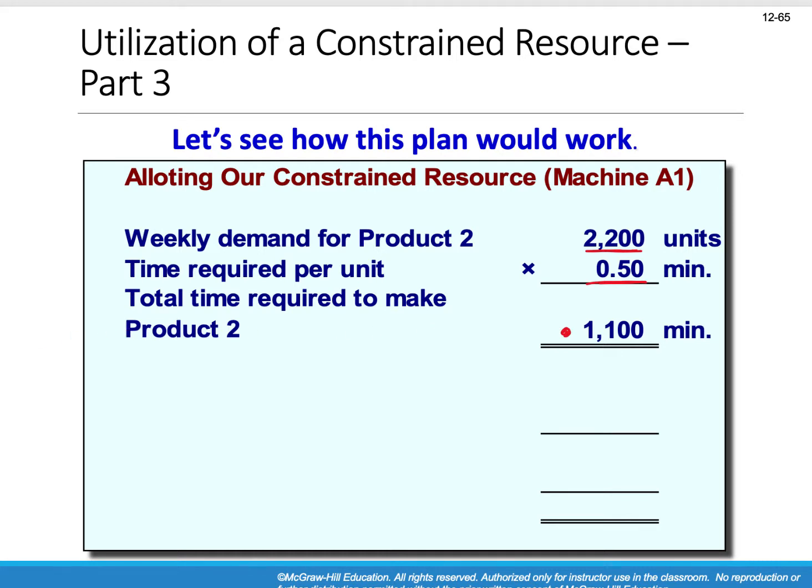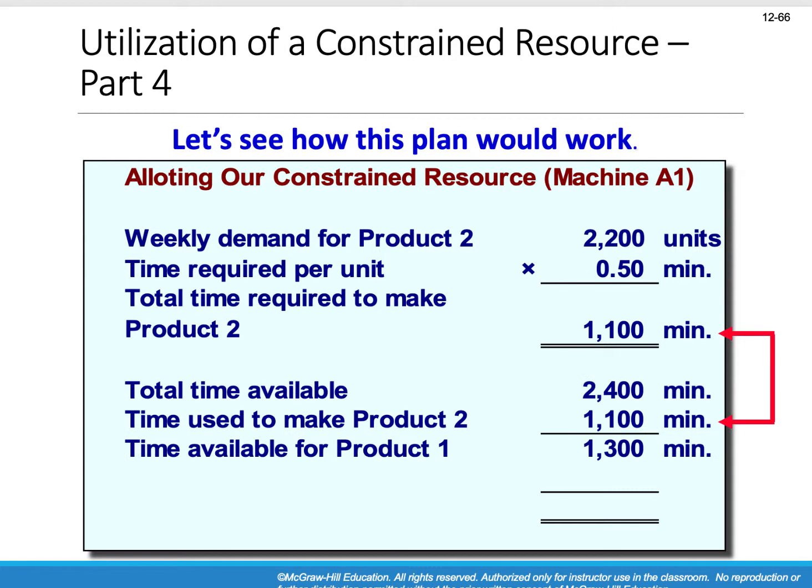Now the next thing I need to consider is how much time I have left over. The total time that's available on machine A is 2,400 minutes.